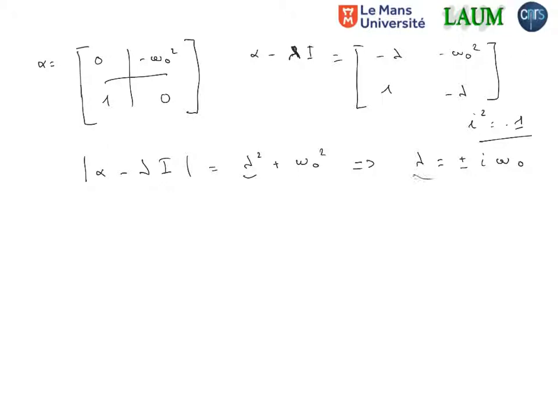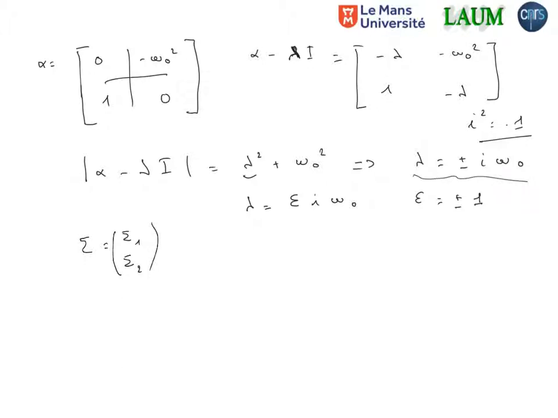So we have the eigenvalues, and we can rewrite that lambda is equal to epsilon multiplied by I omega 0, where epsilon is equal to plus or minus 1. And then we will be able to compute both eigenvectors in just a single calculation. So if we compute this eigenvector, we can say that sigma, which is the eigenvector, is sigma 1 and sigma 2.